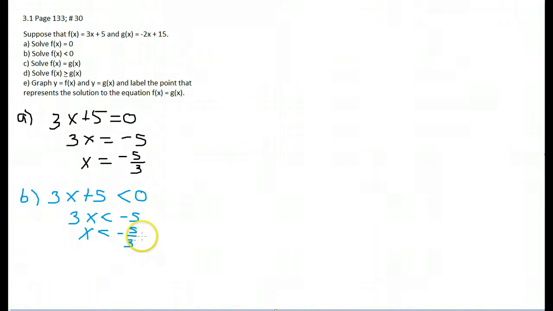Now you notice the digits are the same. The only thing different is we change from an equal sign to a less than symbol. For part C, however, we are going to solve f of x equals g of x.